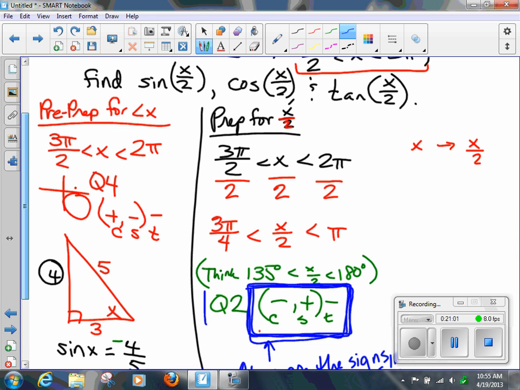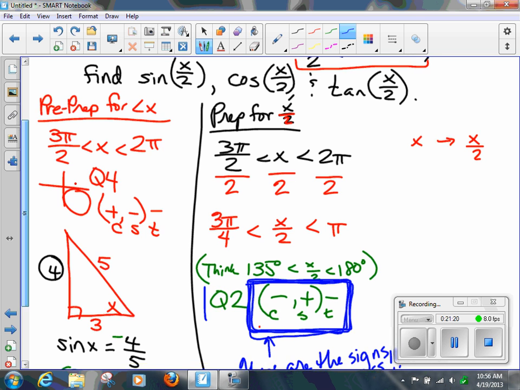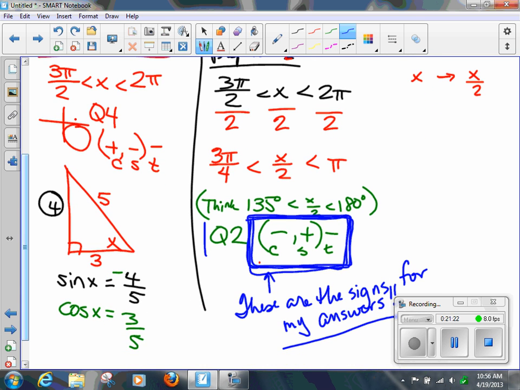What we did yesterday is I gave you the angle to start with. I don't have an angle to start with today. I'm given a triangle. And I'm gathering my values from this triangle, okay? So our answer, the half angle, is based upon this part, the second piece of the prep work.